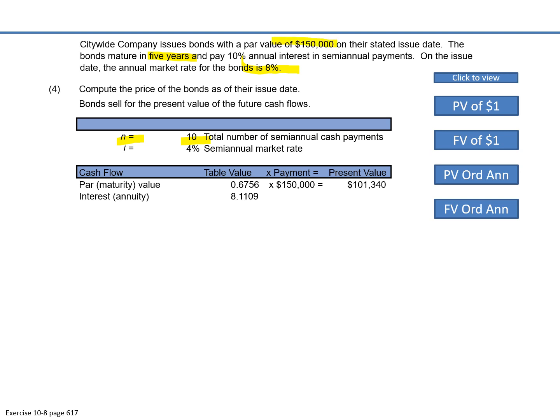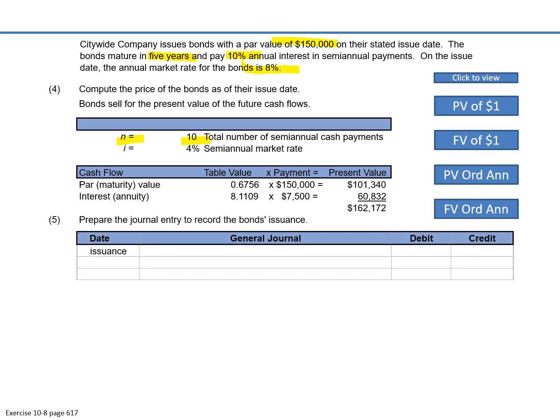So $150,000 par times 5%, because our annual rate's 10%, we would get $7,500 as our annuity payments or our interest payments. So 8.1109 times 7,500, the present value of our interest payments is going to be $60,832. So we have total present value of $162,172.